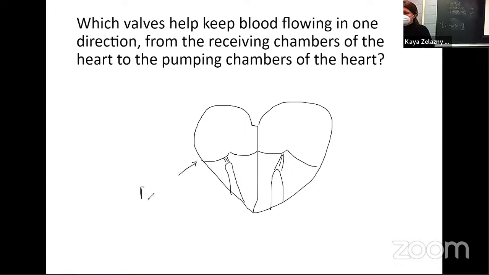So right AV valve, our tricuspid, left AV valve, mitral valve, their job, unidirectional blood flow, as we end up with high pressure in the ventricle relative to lower pressure in the atrium.